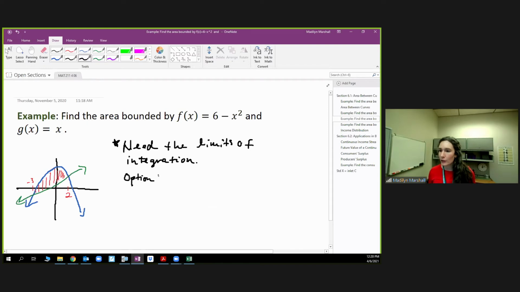And you have two options on how to find those. One is graph. For these problems, it's totally fine if you just look on the graph and find those intersection points for limits of integration. If you like a little bit of light algebra in your calculus problems, we can do this algebraically.